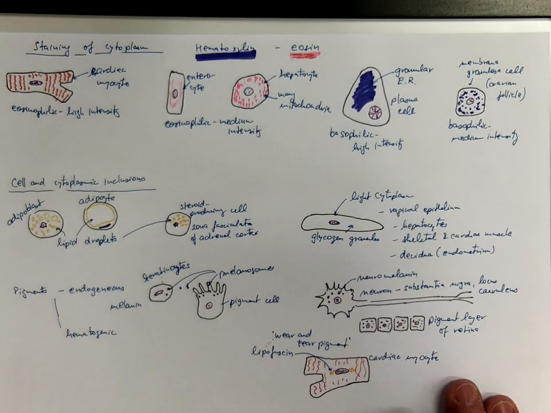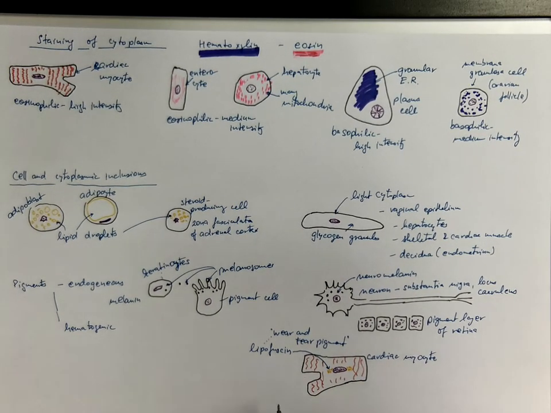It represents residues after incomplete lysis and digestion of various lipids and lipoproteins, and it's accumulated in elderly cells. That's why wear and tear pigment.